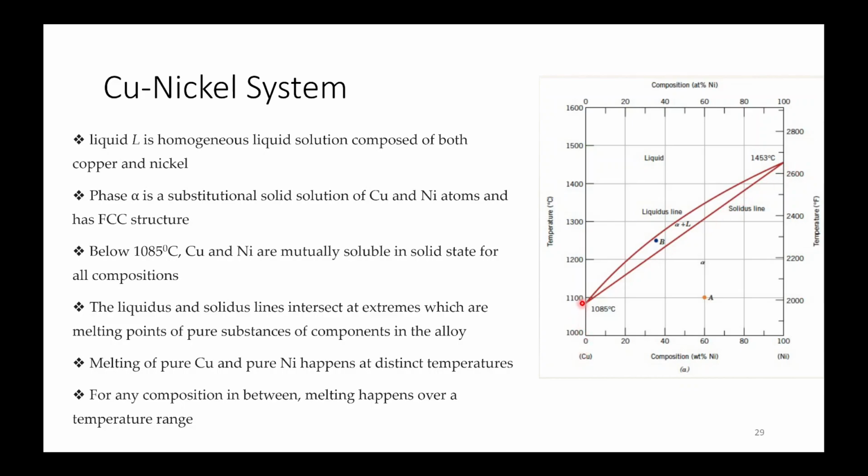So this is the melting point of copper, this is of nickel. Melting of pure copper and pure nickel happens at distinct temperatures, and for any composition in between, melting happens over a temperature range.